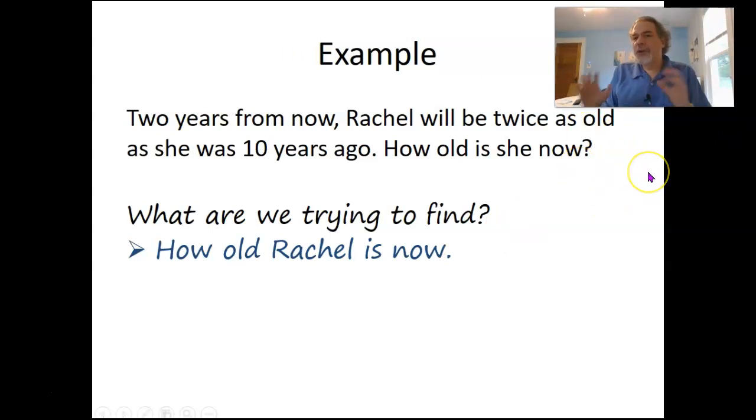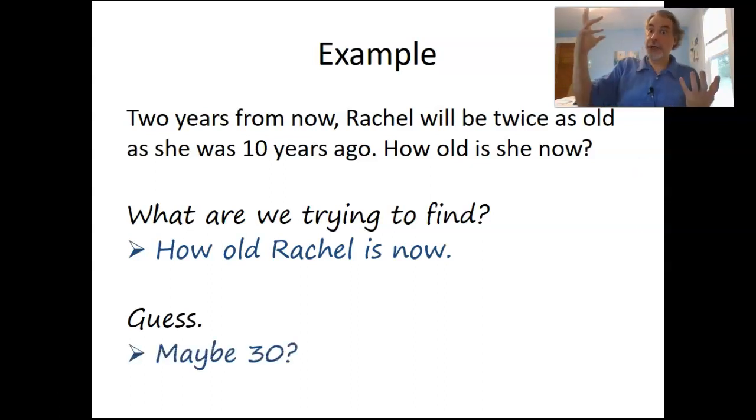So if you're not sure where to go now or how to get started, here's a trick that can sometimes help you get a handle on what's going on with a word problem. The trick is guess what the answer is. Like I might guess, maybe she's 30.